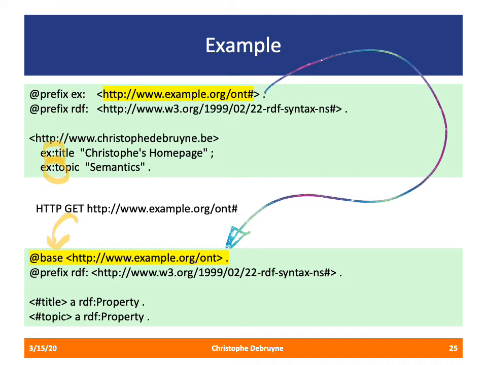So if we were to do an HTTP get of the namespace, hopefully we get something that tells us something about the predicates we use in our RDF documents. So here we can see in this particular RDF document that title is declared as being an RDF property and topic is also declared as being an RDF property. Now there's very little semantics, and I haven't elaborated on the example. All of that will follow in due time.